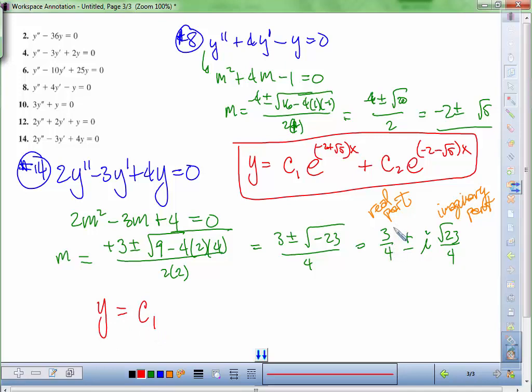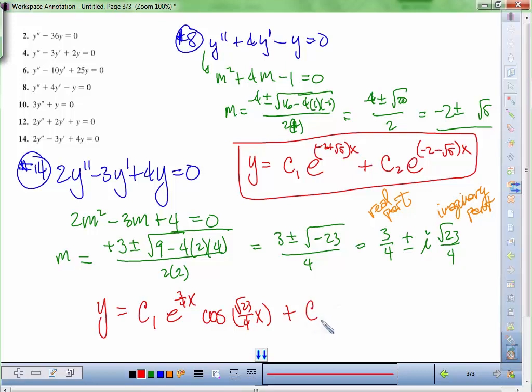The first fundamental solution is going to be e to the 3/4 x times cosine. I guess it doesn't matter if sine or cosine, but I usually like to put cosine first. Cosine root 23 over 4 times x. So that's the first fundamental solution.